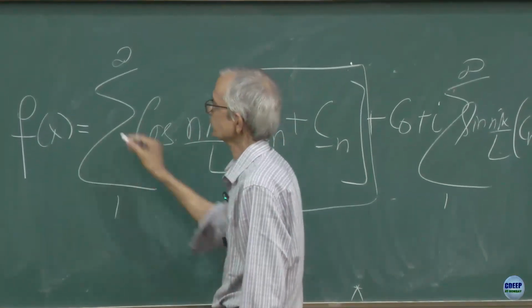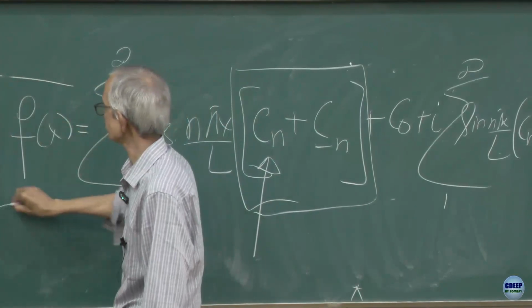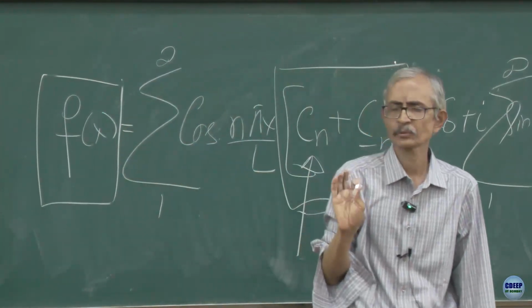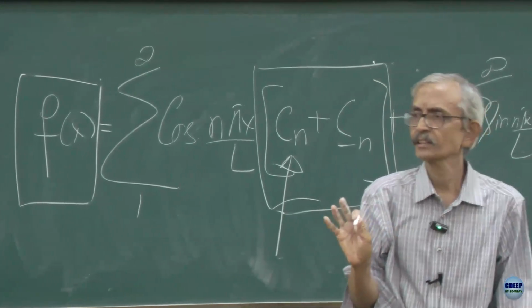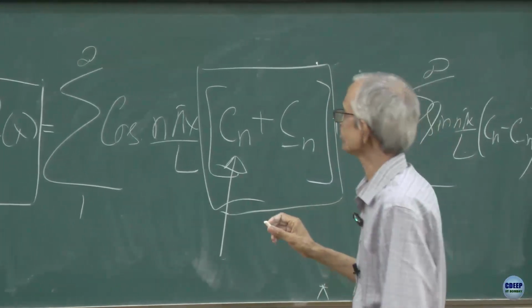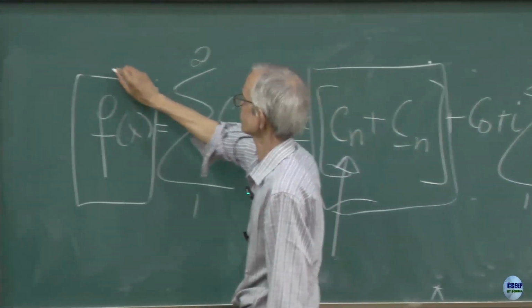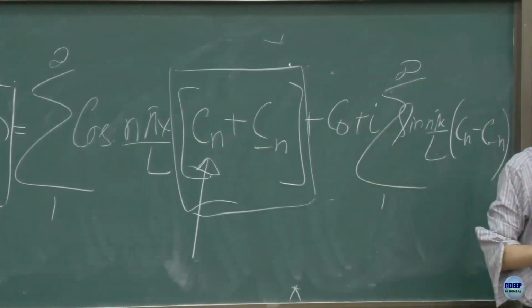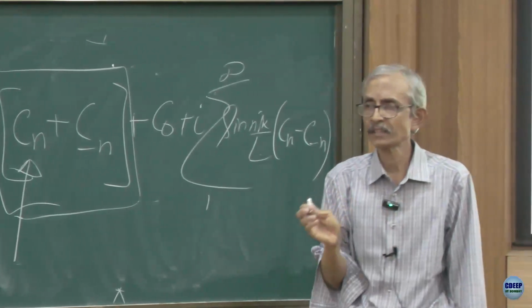Now, am I interested in real signals or in imaginary functions? Usually in real functions. So if this is a real function, on the right hand side I have got complex terms. So what is the way out?